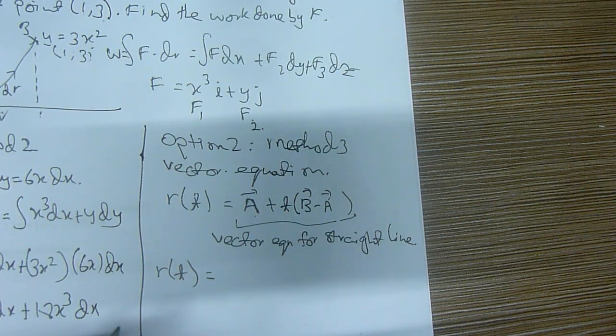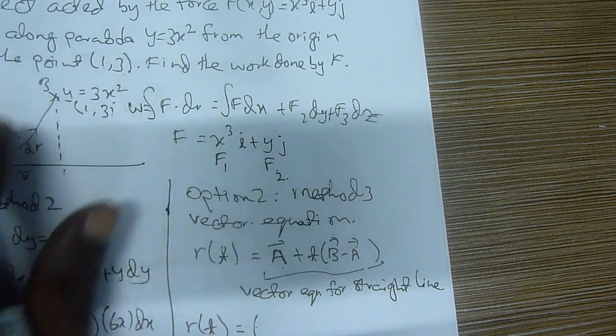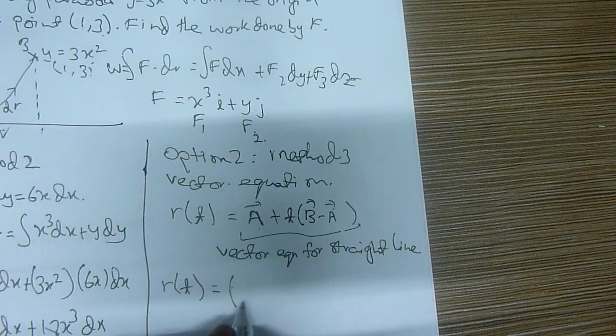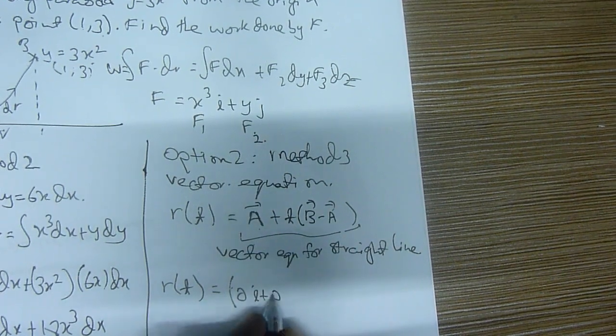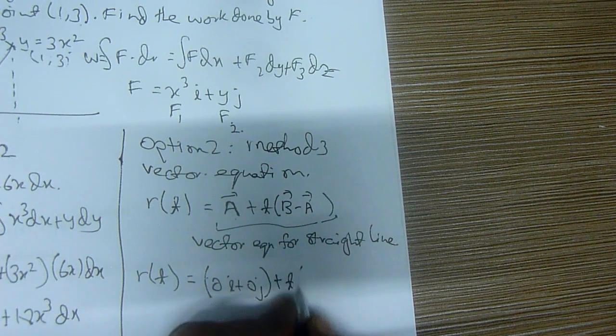Roughly, we can calculate A based on 0, 0. Therefore 0i plus 0j, plus t. What is B?